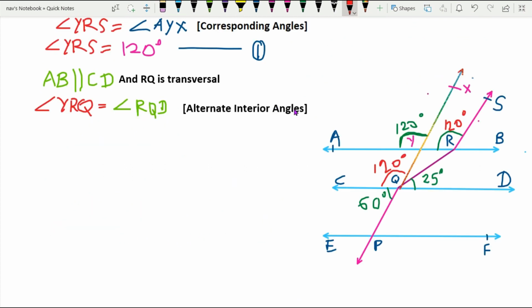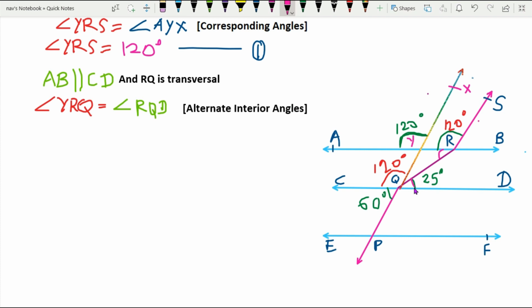Now just see here. AB is parallel to CD. Again we will take these two parallel lines, AB and CD, and now we will take RQ, this side line, as transversal. Now angle YRQ, this inside angle, will be equal to angle RQD.